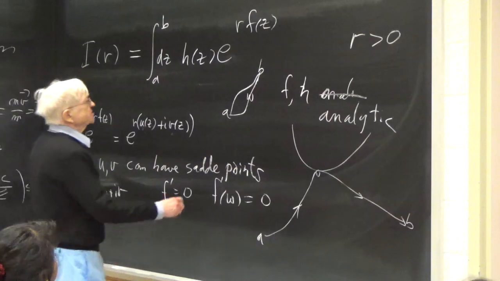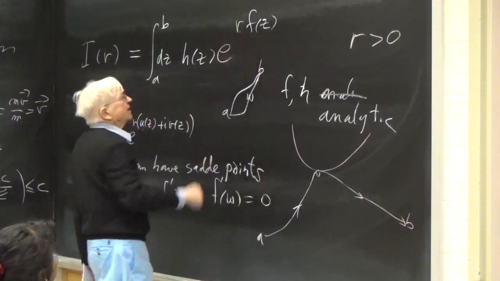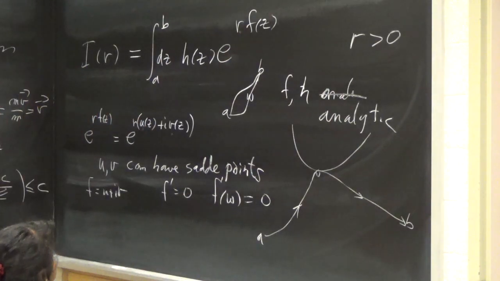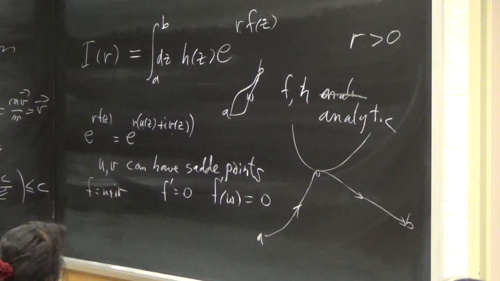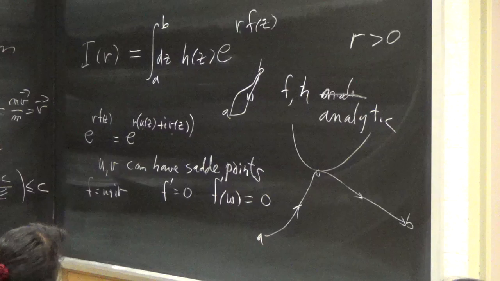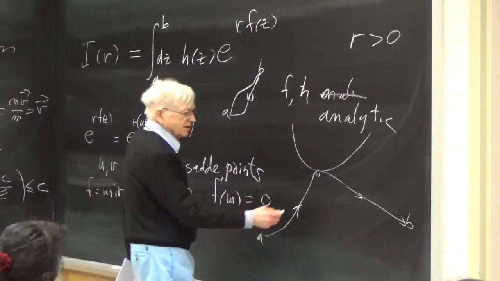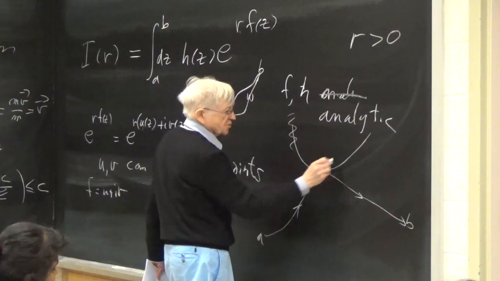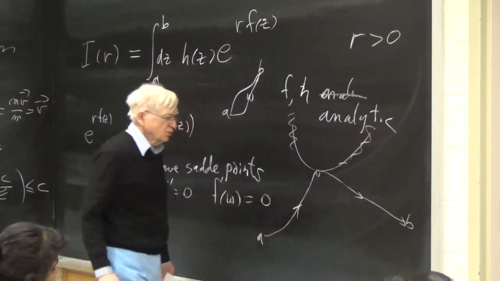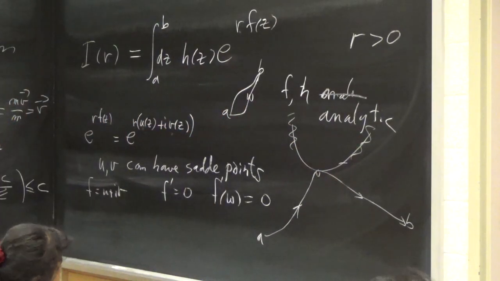And we're going to imagine this in that we're looking at large positive R, and so we want to stay away from the regions where U is huge.